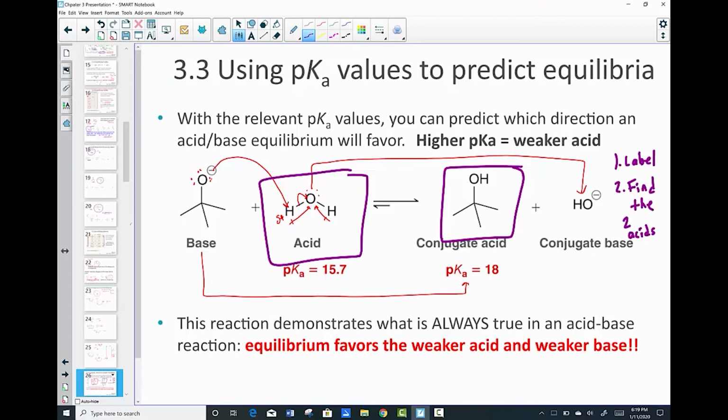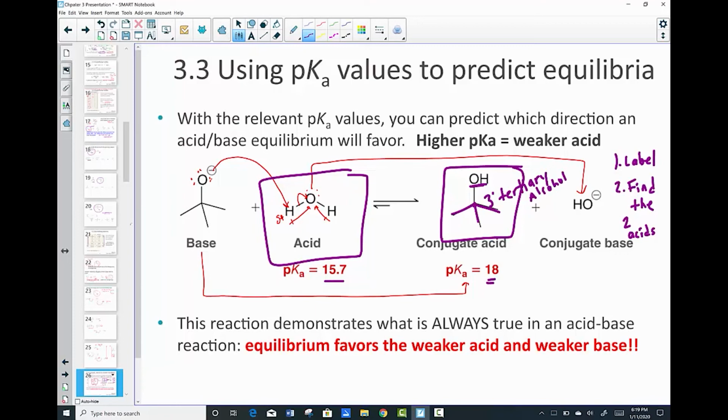On the pKa chart, the published value of water is 15.7. On the pKa chart, the published pKa value for a tertiary alcohol, tertiary means that the carbon attached to the alcohol functional group is attached to 3 other carbons, is 18.